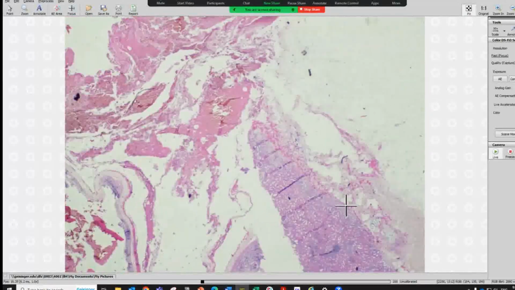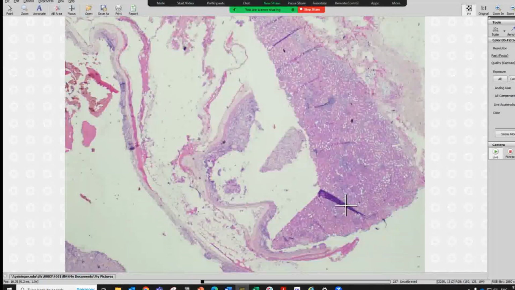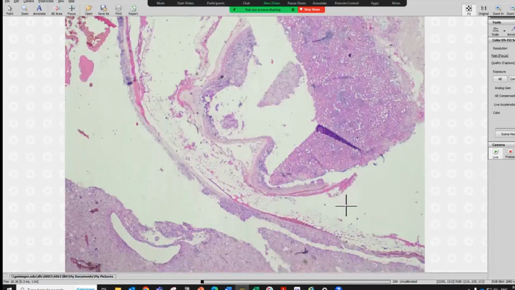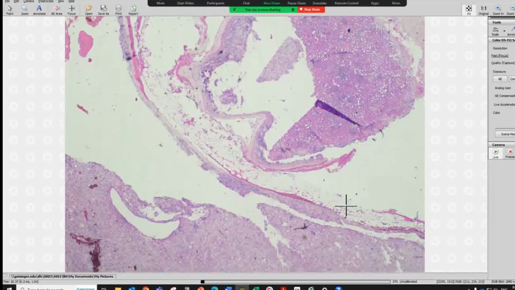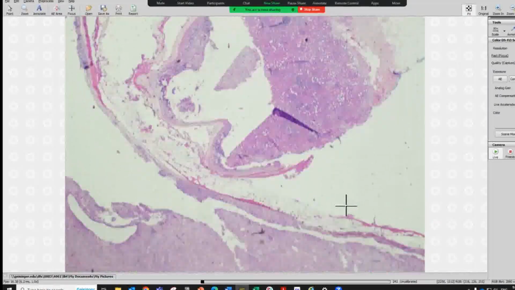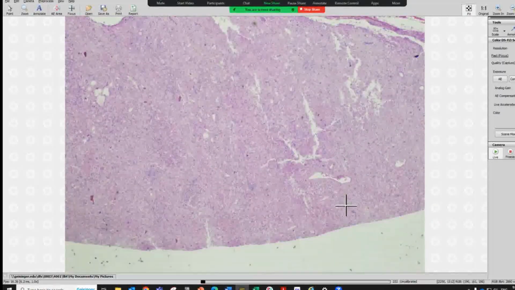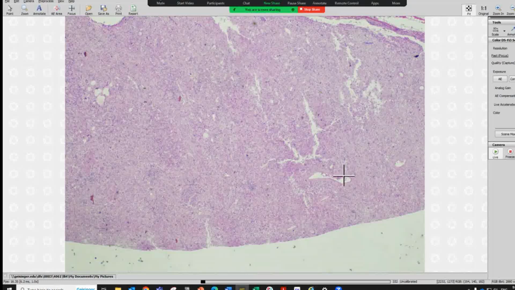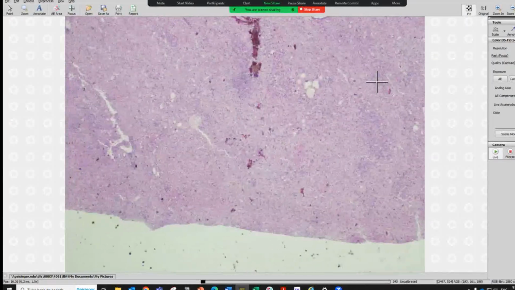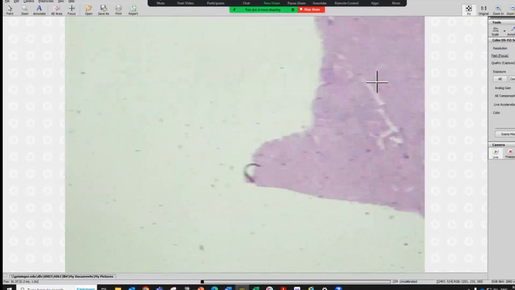And this is the normal kidney. It seems this tumor may have a capsule, but I'm not sure. But one feature, even in low power, is this thickened, dilated blood vessel. It is really helpful when you think of the differential.